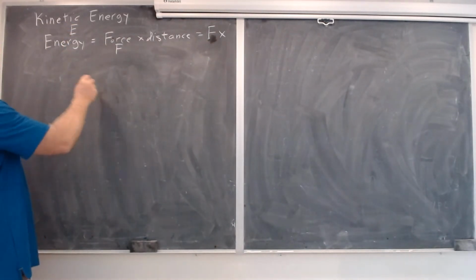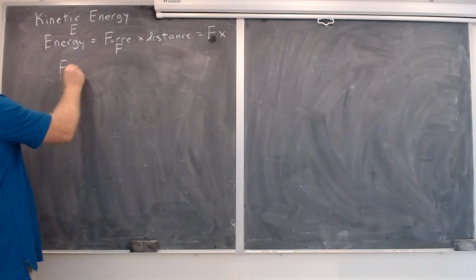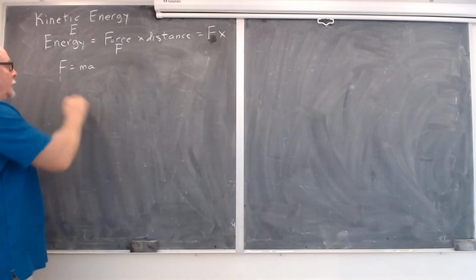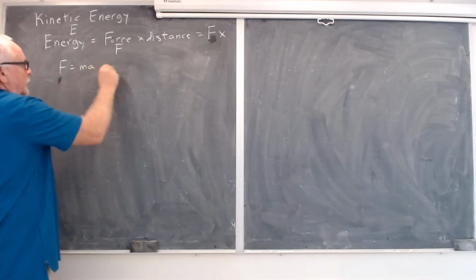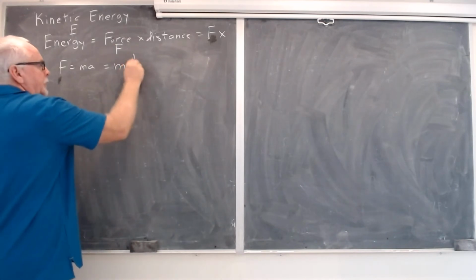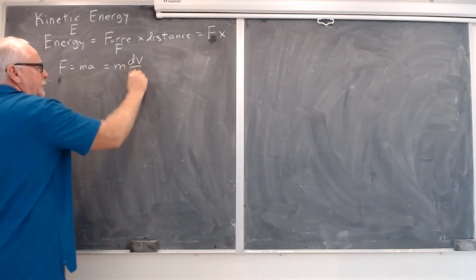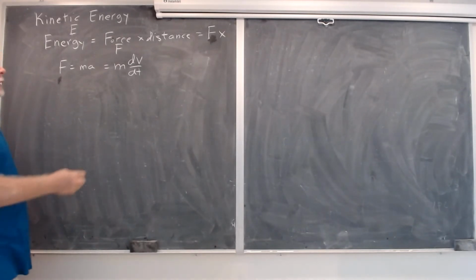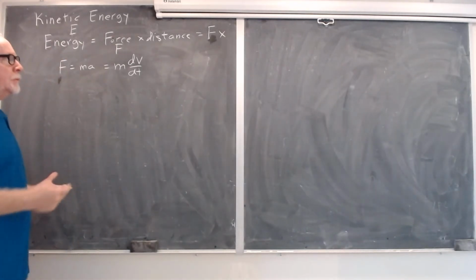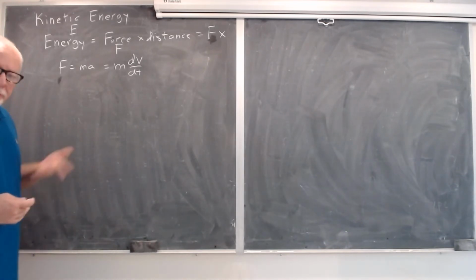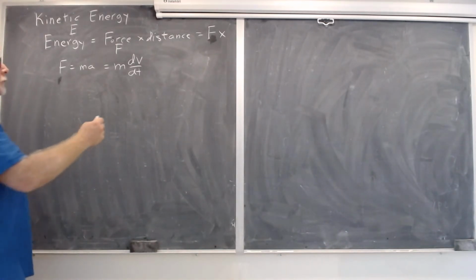Okay, we have another equation we know, which is that F equals ma. That's Newton's second law, of course, where a is acceleration, which is the change of velocity with respect to time. Now, this is a good lecture to start with because it illustrates the level of mathematics that I'm expecting students to have.